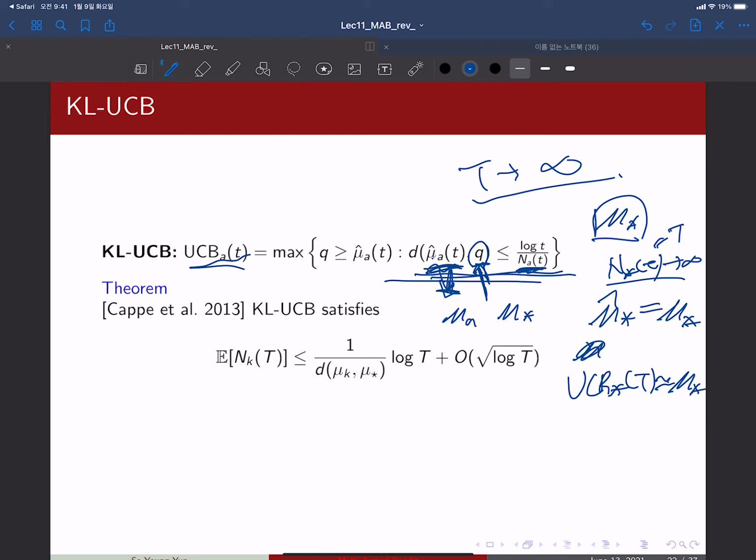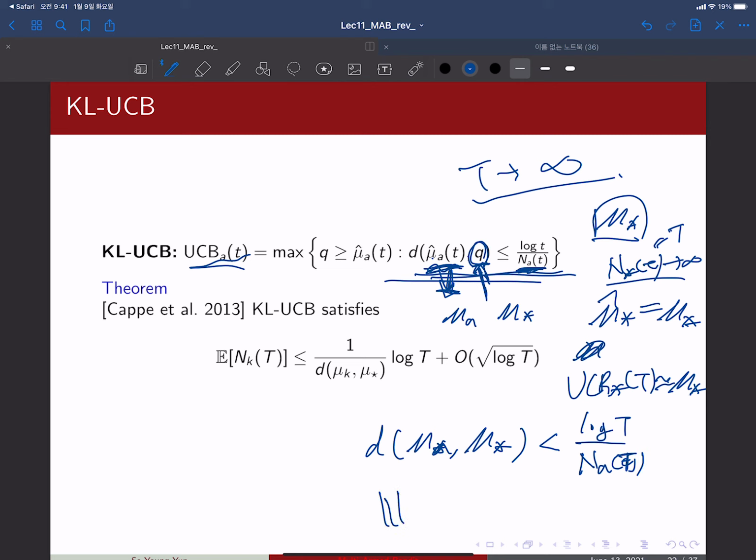So other arms will be played when the Q value becomes above the mu star value, and played until the upper confidence bound is a little bit below mu star. So when you consider this fact, we will play arm A so that we have this bound.